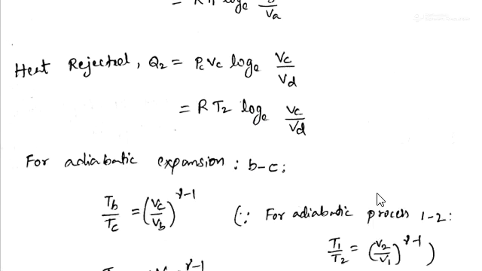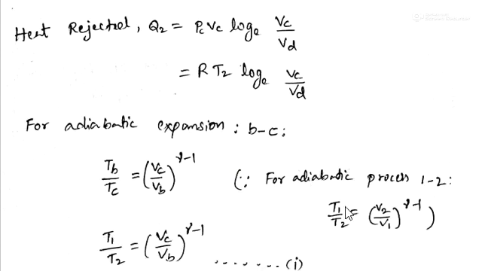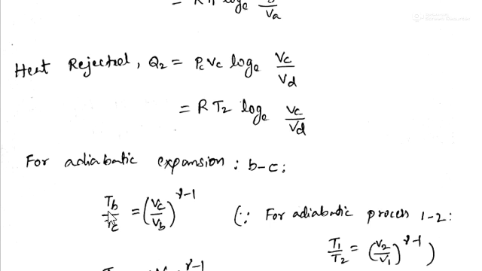Also, for the B to C process, that is the adiabatic expansion process, T1 by T2 is nothing but (V2 by V1) whole to the power of gamma minus 1. We are writing for B and C, so if you take B as 1 and C as 2, it is T1 by T2, meaning T_B by T_C.